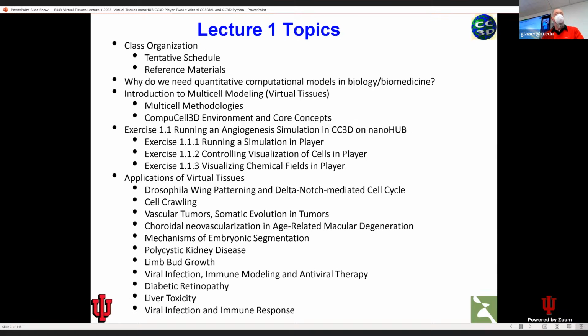So today I'm going to go over a little bit of logistics about how the course works. And then we are going to start jumping into doing a little bit of simulation. And then we will come back and do a little bit more perspective.